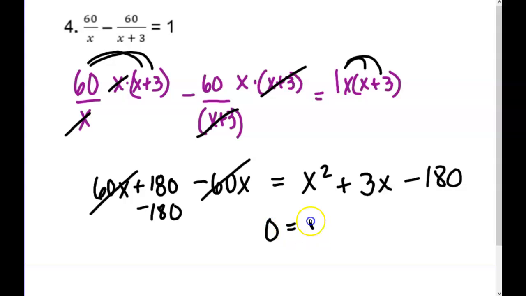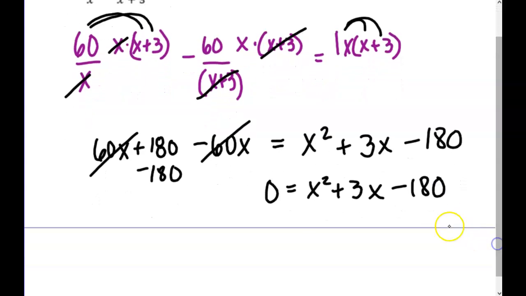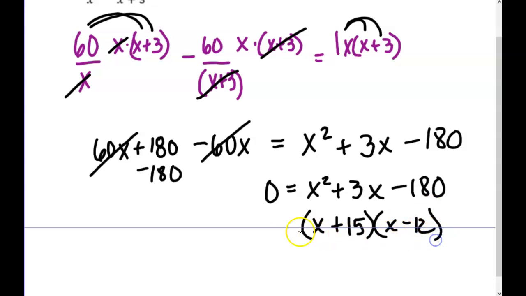So I end up with x squared plus 3x minus 180. It seems really big, but can somebody check? I think 15 and 12 maybe are factors there. I know that would have taken some of you a while to figure out, but x plus 15 and x minus 12 is how that factors to give us a negative 180, and 15x minus 12x will give us the 3x in the middle.